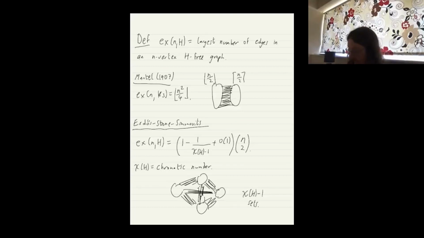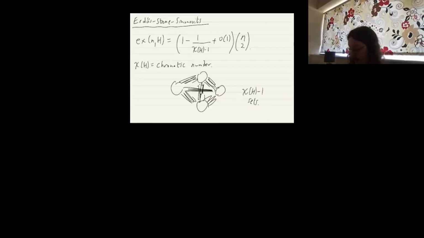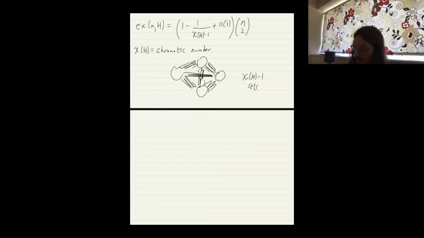Okay. What we're going to be interested in today is the case when the chromatic number is 2. So we're going to be interested in bipartite graphs. And as I said, bipartite graphs are exactly the case when the chromatic number is equal to 2.